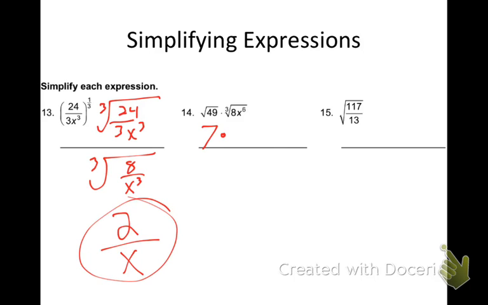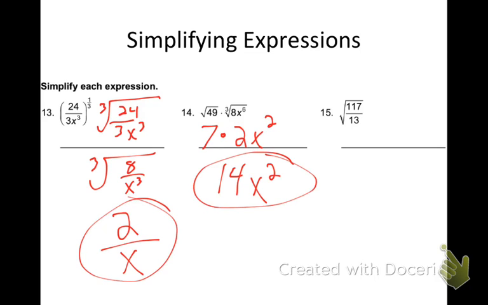Times cube root of 8 is what, Shane? 2. Cube root of x to the 6th. 6 divided by 3 gets me x to the 2nd. So I have 7 times 2x squared. 7 times 2 gets me? 14. I get 14x squared there.